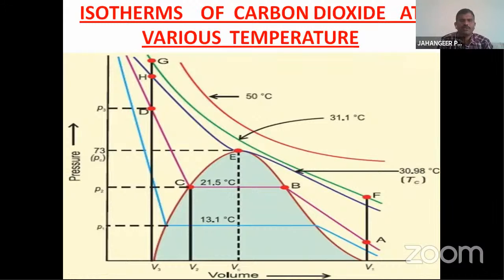According to Boyle's law, we learned that if a graph is plotted between pressure versus volume at constant temperature, it is called what? Isotherms. So here the isotherms of carbon dioxide gas at various temperatures are shown.